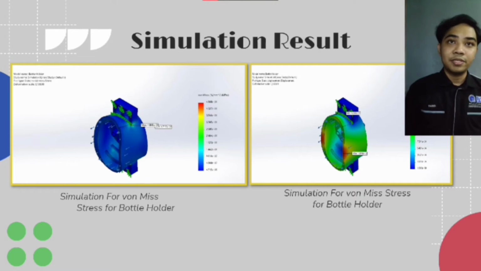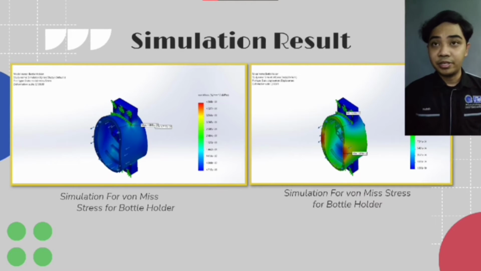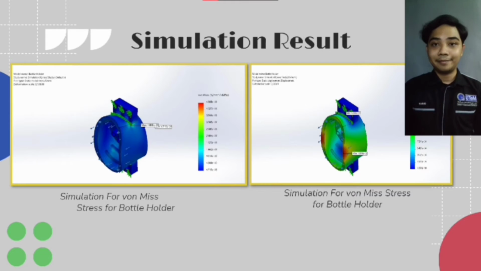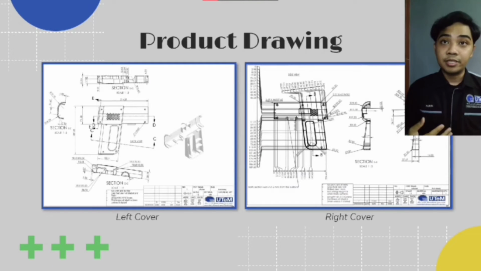If we see the displacement diagram, we can see that the part bends at the tip. This is not a major issue for the part because there are other parts like the front cover that can handle the bending and make the part rigid, with no bending when the force is exerted.